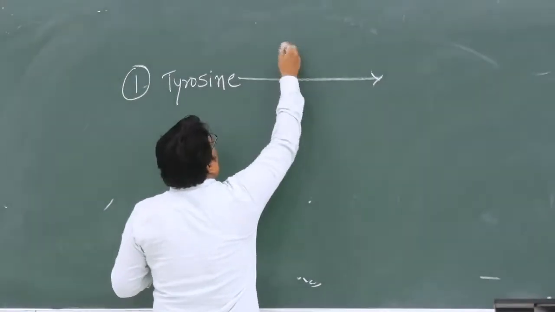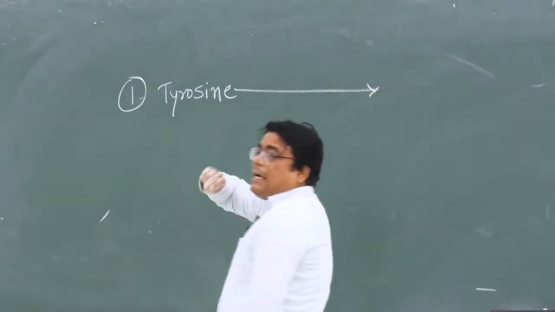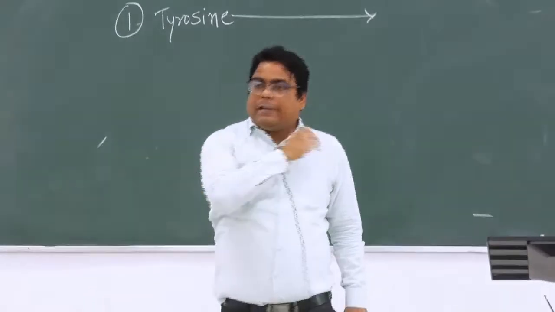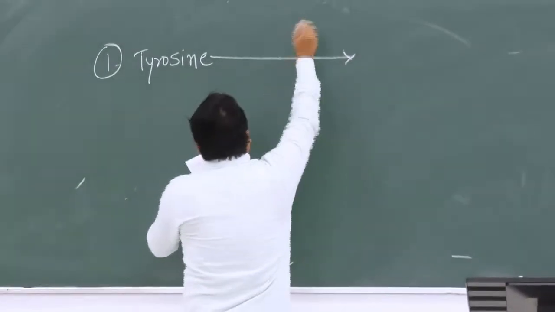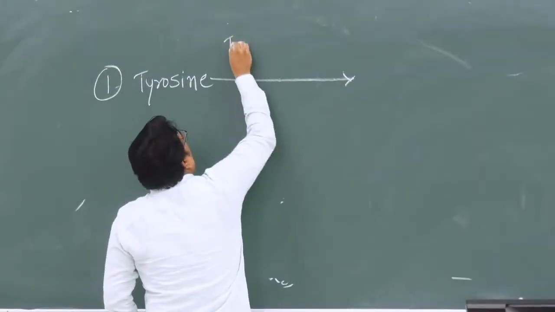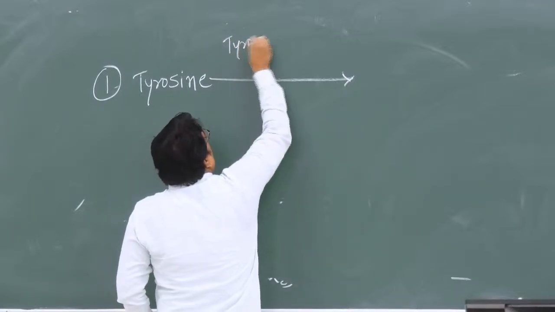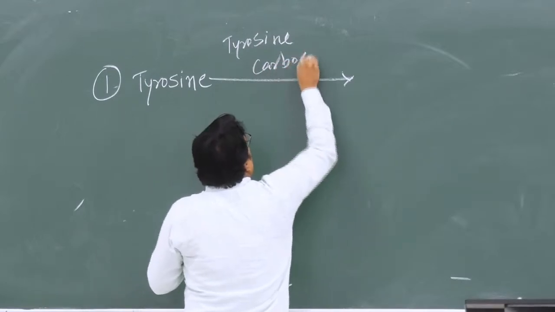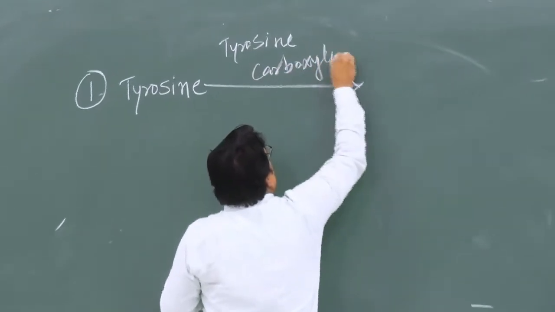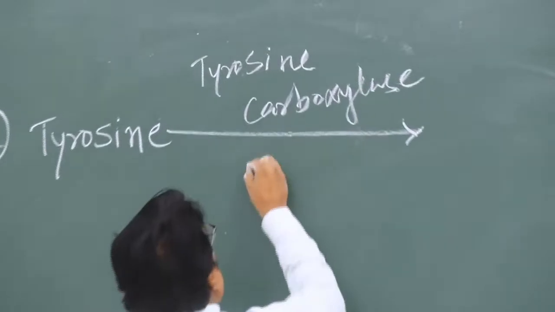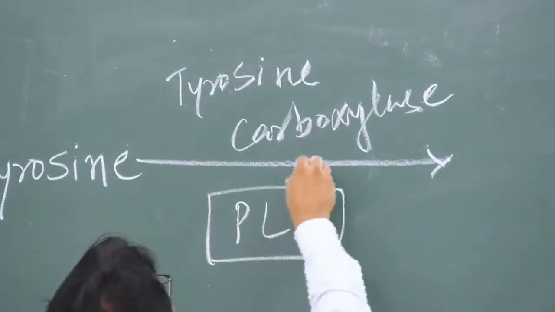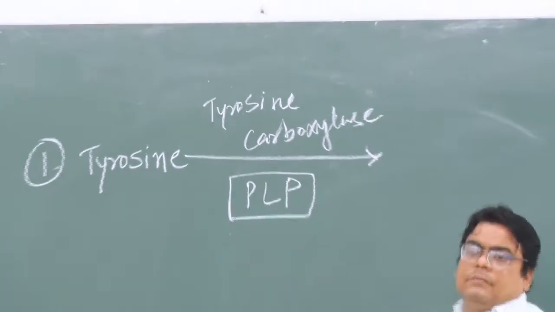Now we go for decarboxylation reactions, meaning there is removal of carbon dioxide from a particular amino acid. And the enzyme is decarboxylase. Again, pyridoxal phosphate is a coenzyme for this enzyme.